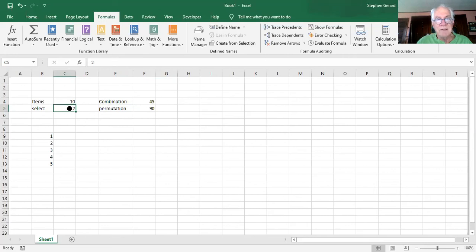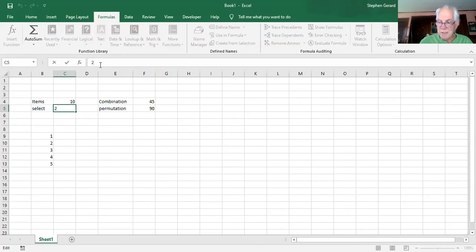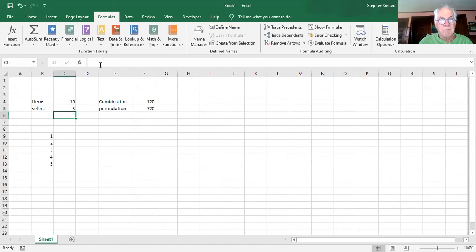How about if I had them taken 3 at a time rather than taken 2 at a time? The numbers jump again. The bigger these numbers get over here, the more these numbers here jump. And the difference between combinations and permutations jumps even faster. It gets bigger as these numbers go up.